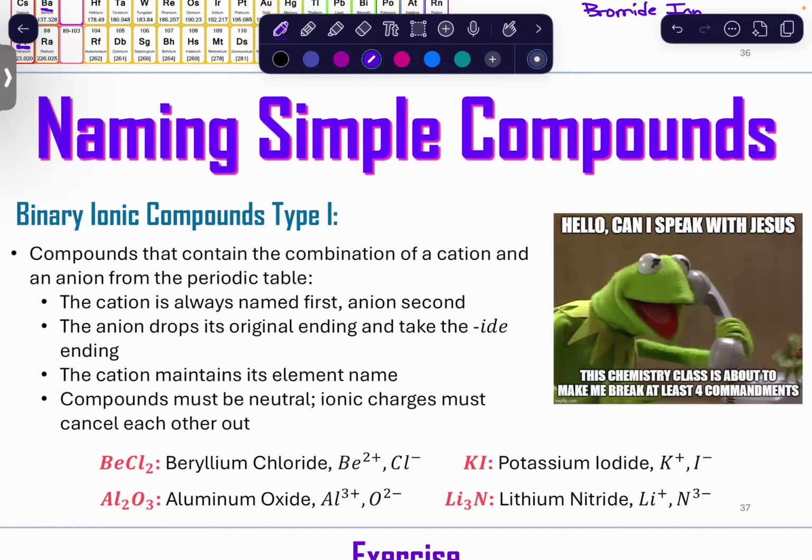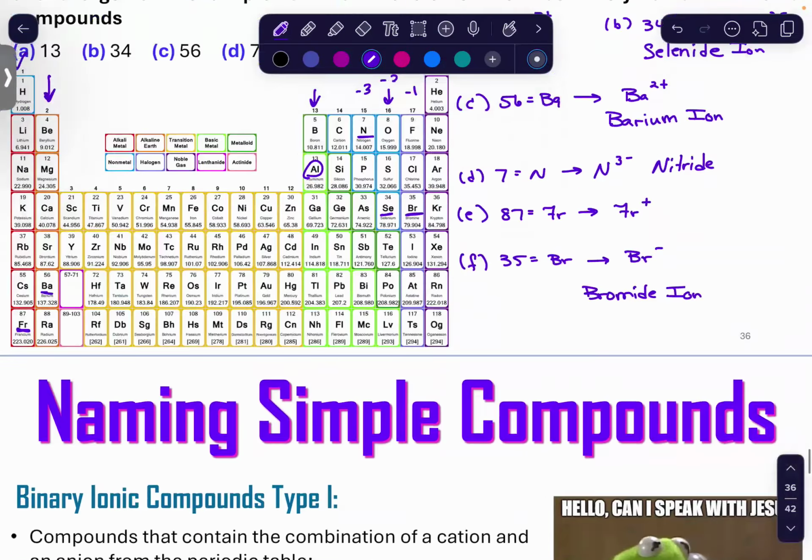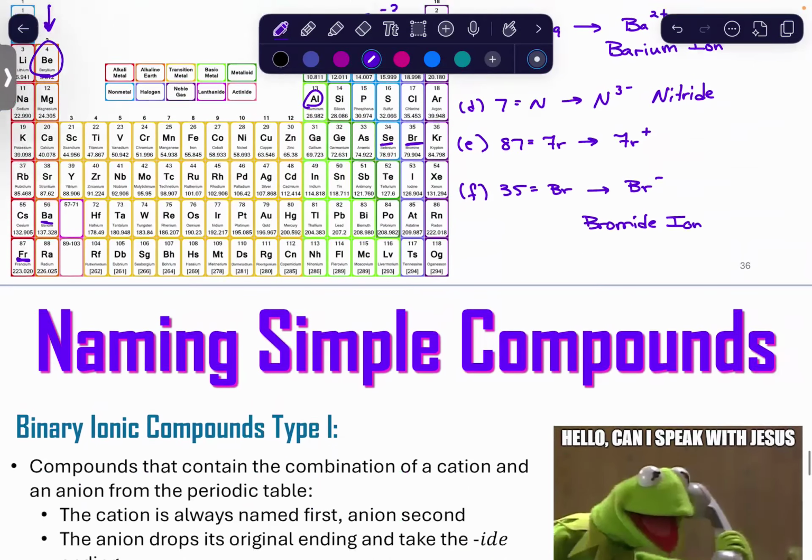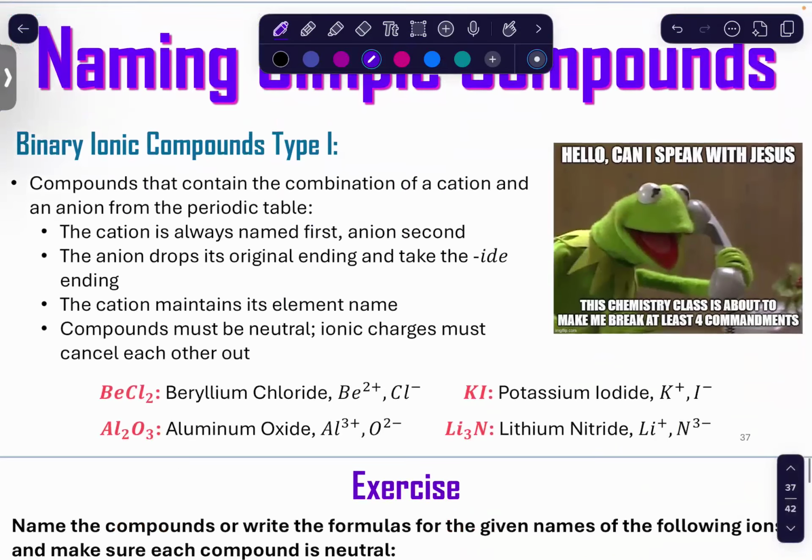So here, if you look at the BeCl2, that's beryllium chloride, and you're going to want to think about your periodic table. Beryllium is right there, so beryllium is a +2. Well, when I look at the periodic table, chloride is from group 17, so it's a -1.